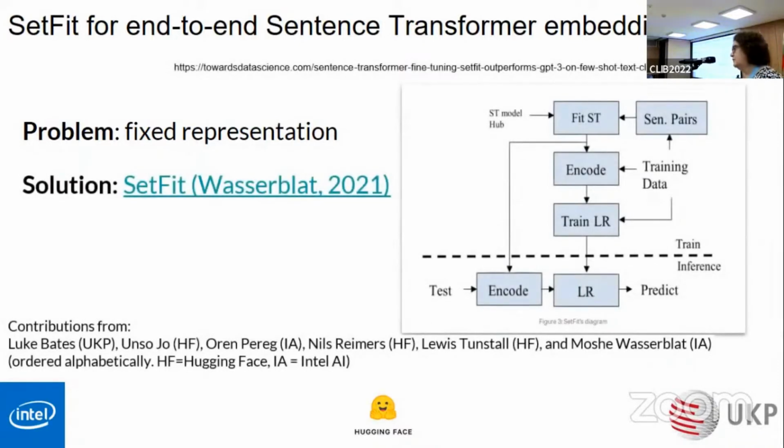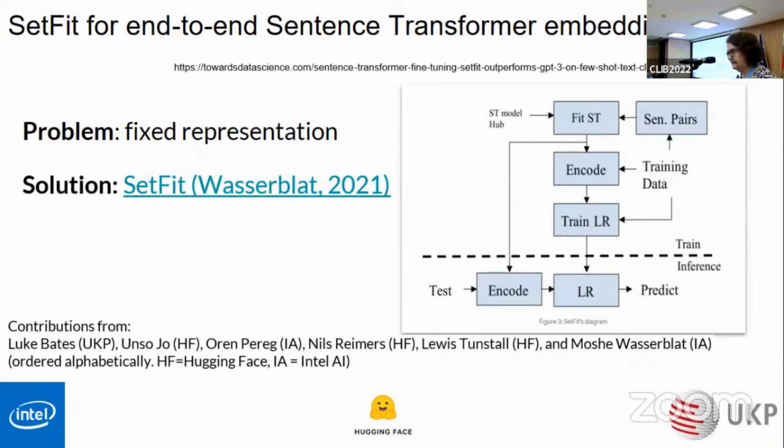So this method called SetFit optimizes our SBERT model using a paradigm from computer vision called contrastive fine-tuning. And then we can use this updated model and reap the benefits of both transformers and the cheaper learning algorithms. And in this way, SetFit makes sentence transformers a viable model for end-to-end learning.